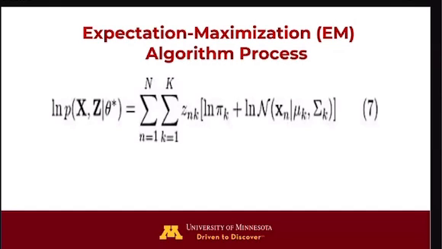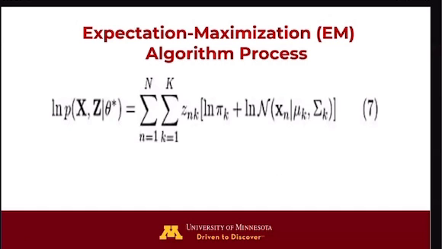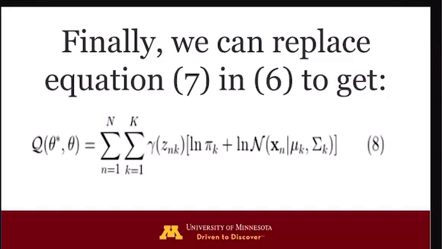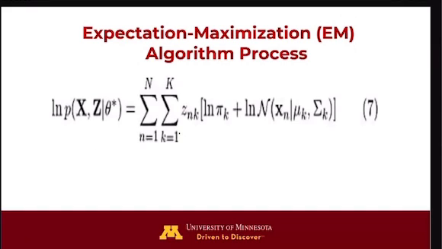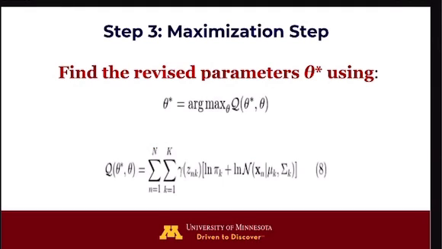Okay, now another thing we're going to do. This is just to say that this here is the same as this here, based on what we've done before. Now the next thing, we have equation 8 that we want to optimize, but we need to place a restriction.